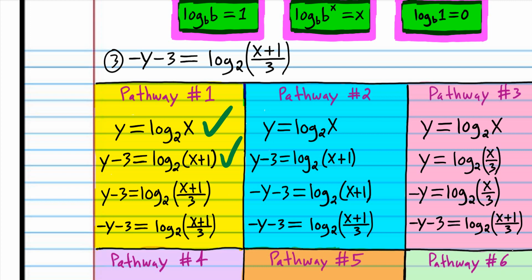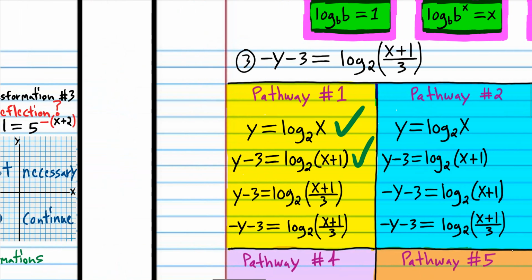Then we're going to divide x plus 1 by 3. Well, that's a problem. The transformation properties tell us what to do if we divide x by 3, and x only by 3. If we took that and divided x by 3, not the 1, just the x, then the transformation properties would tell us what to do.